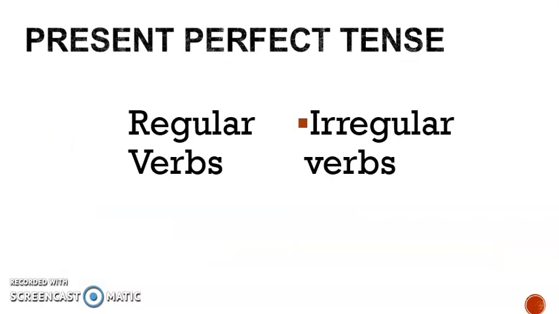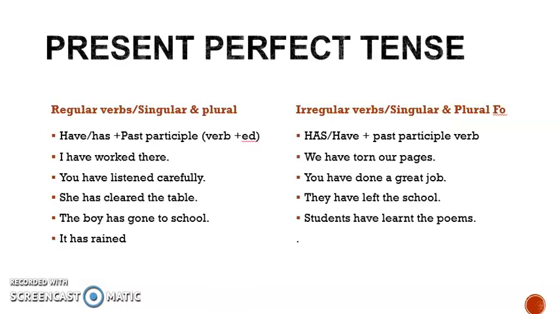In the English language, we use irregular and regular verbs. Now we will see whether there is any difference while converting sentences into present perfect when verbs are regular or irregular. No, there is no difference. We use has, have plus the past participle verb.